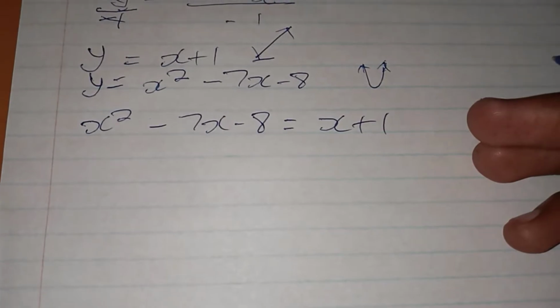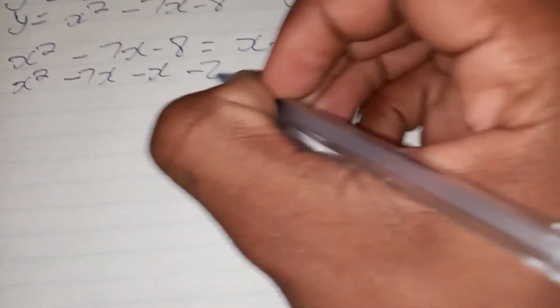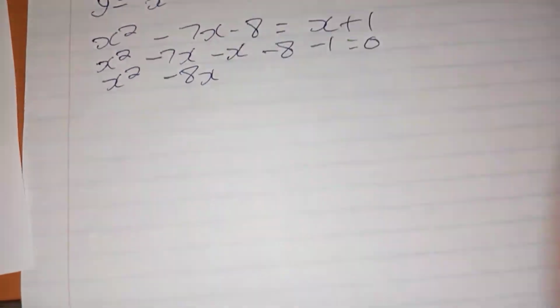So let's just put like terms together. Then we will have x squared minus 7x, then we take this x to this side, minus 8 minus 1, and it'll just give us equals to 0. Let's just put everything correctly. Negative 7x minus x gives us negative 8x, and negative 8 minus 1 gives us negative 9.